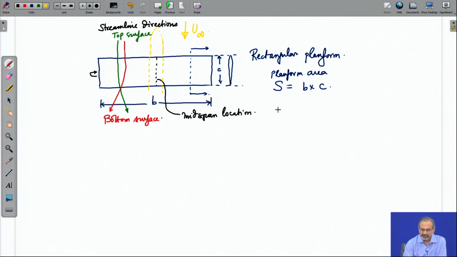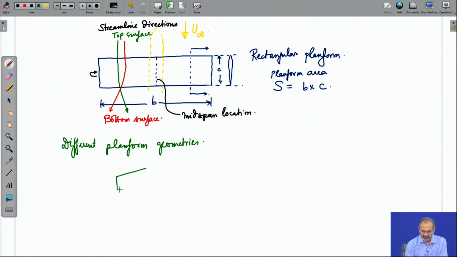You could have different planform geometries. In finite wings, the rectangular wing is a straight wing.